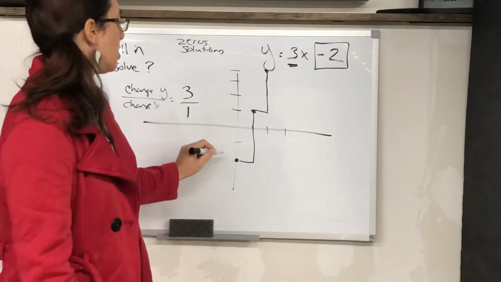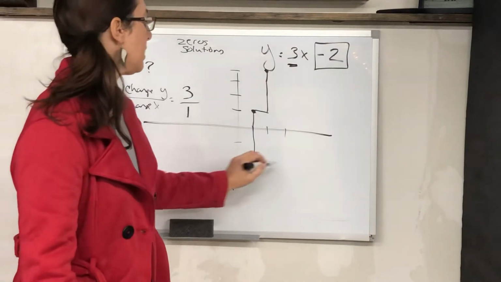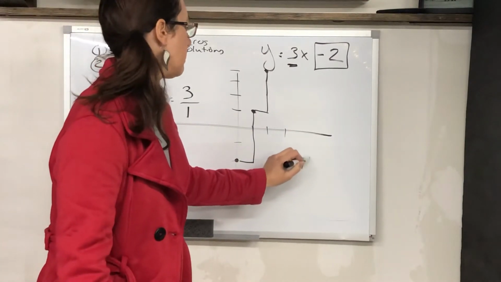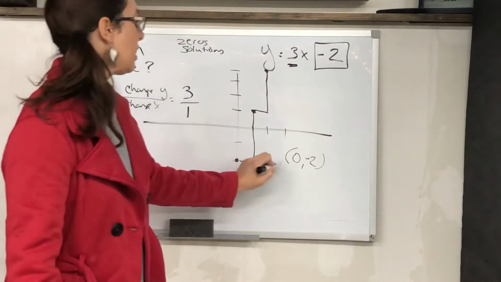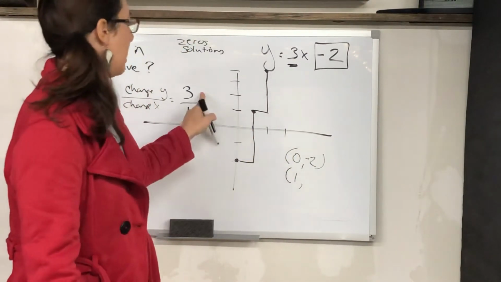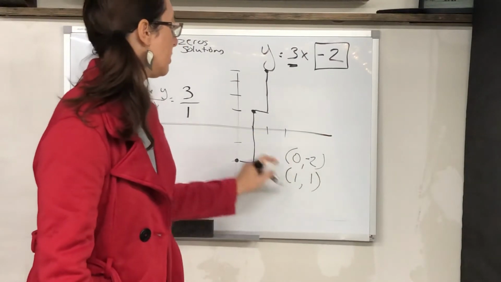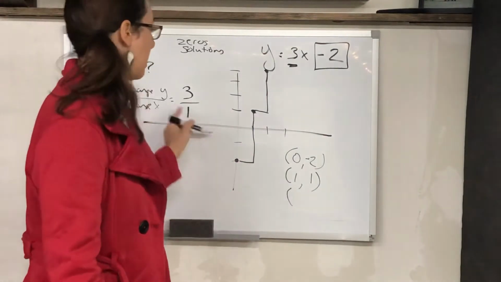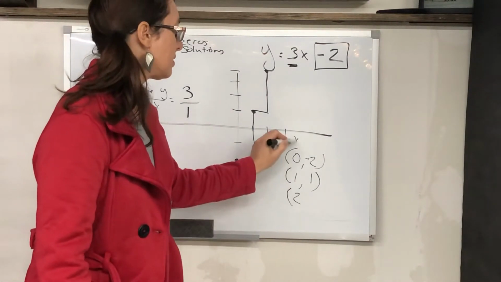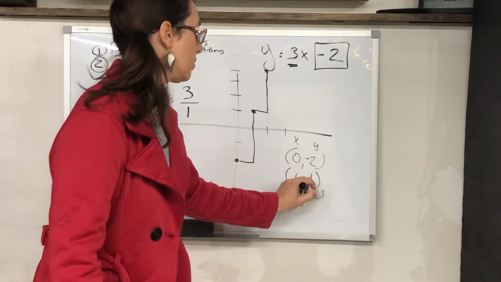Okay? So what we have is, if I know my intercept is (0, negative 2), when I change 1 on x, I'm going to change 3 on y. So 3 plus negative 2 is 1. Is that what we got? (1, 1)? Yes. If I change 1 again on the x value, I'm going to change 3, so plus 3.